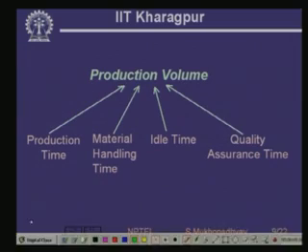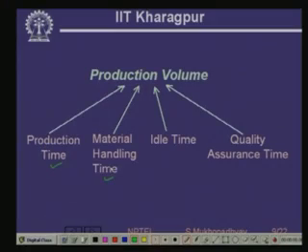The total manufacturing time can be divided under these heads: production time and material handling time, because to be able to produce the unit you will have to take it from machine to machine. The faster you can place a job on a machine and take it away when the machining is done, the more time you save.